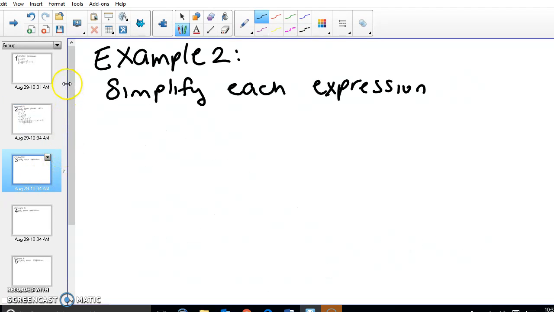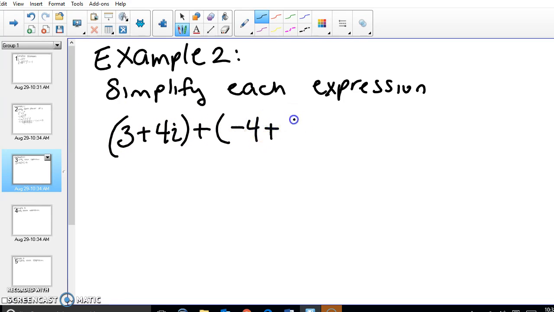In our next example, we're going to simplify each expression. So we're going to do 2 problems here. So we have 3 plus 4i plus the quantity -4 plus 5i. So since we're adding everything, we can just add across.